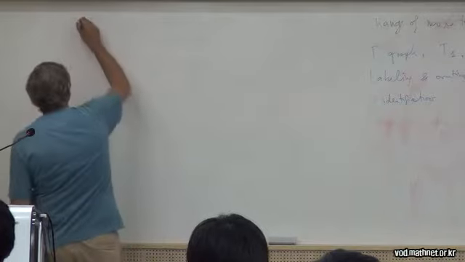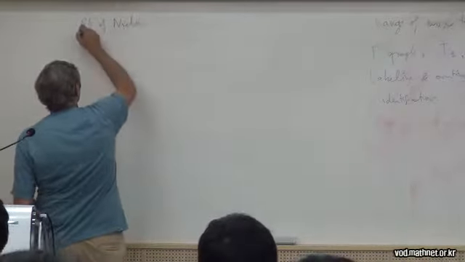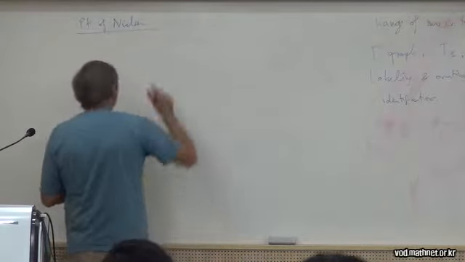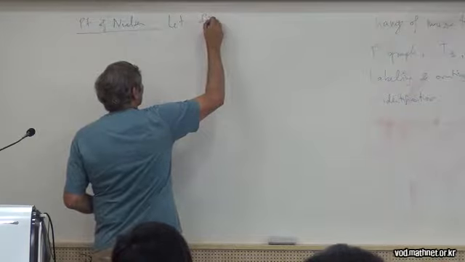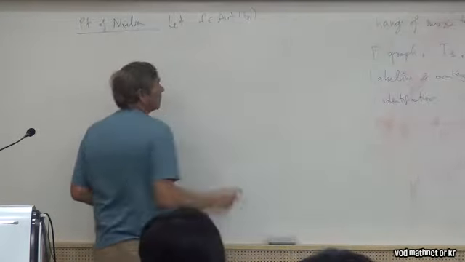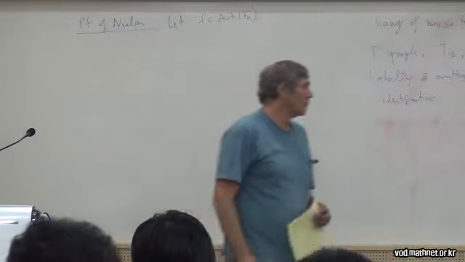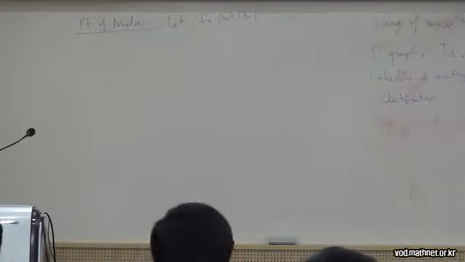Okay, so let's do the proof of Nielsen. We start with any automorphism. Let F be any automorphism of Fn.